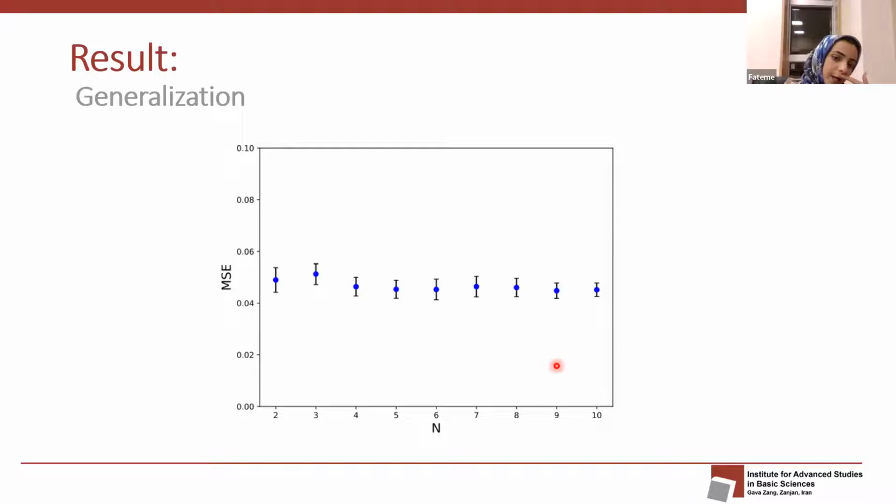Look at this figure. The vertical axis is mean square error, and the horizontal axis is the number of charged particles. As you can see, the mean square error is not dependent on the number of our charged particles.